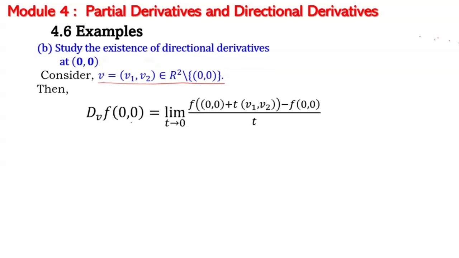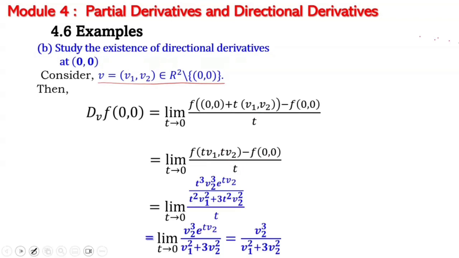So D_v f(0) is given as the limit as t tends to 0 of f at the point where we are calculating the directional derivative plus t along the vector v, that is (v1, v2), minus f(0,0). If we simplify it, you will get f(t v1, t v2) minus f(0,0) over t.